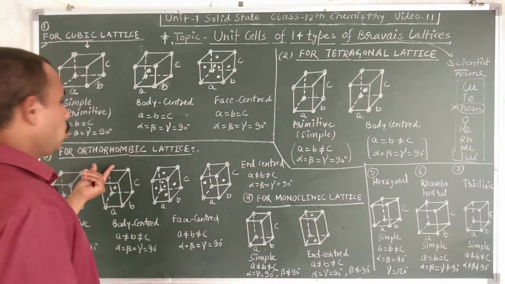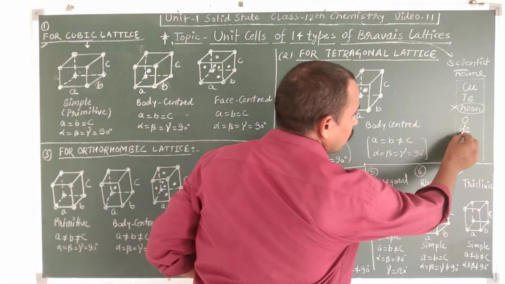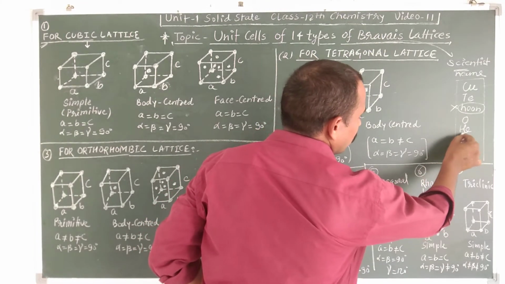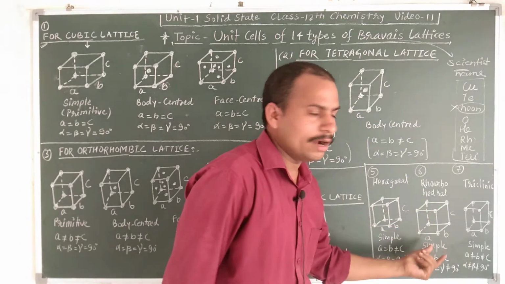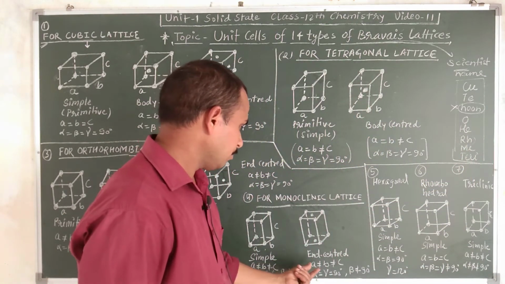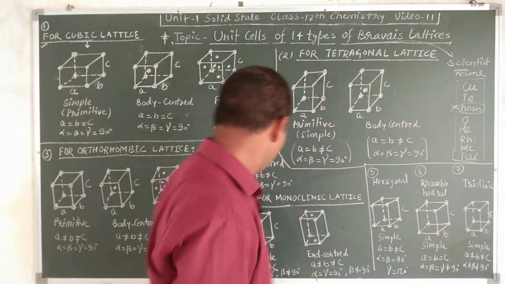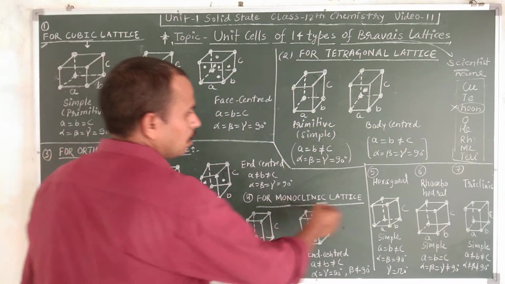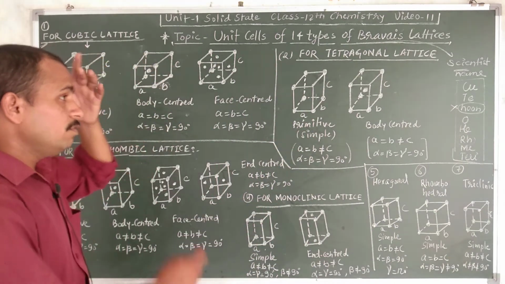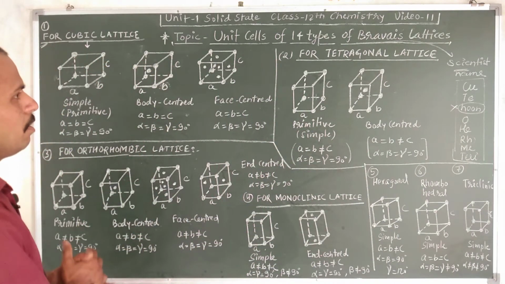O orthorhombic. He hexagonal. Here RH means rhombohedral. Me means monoclinic. And Teri triclinic. So one by one we discuss the Bravais lattices.